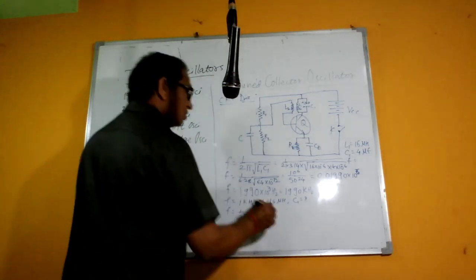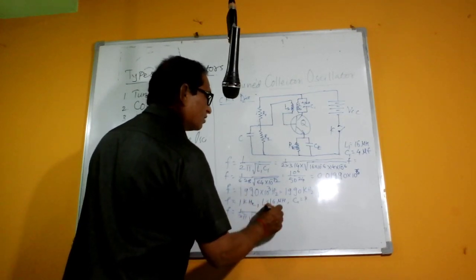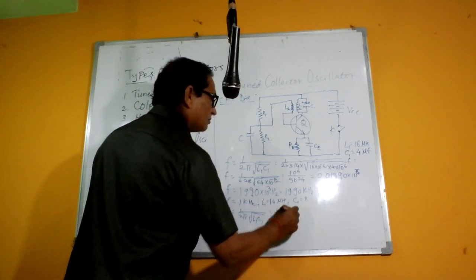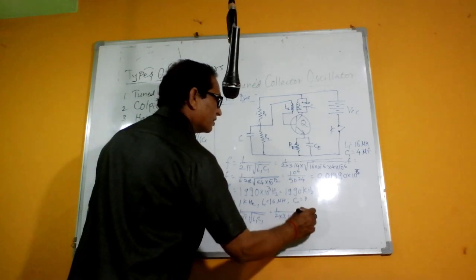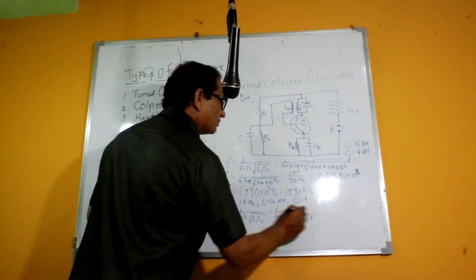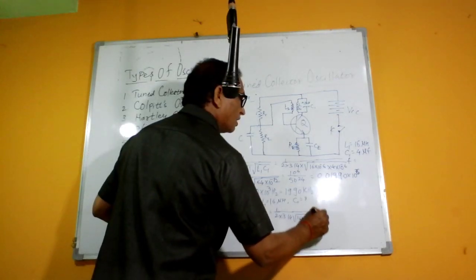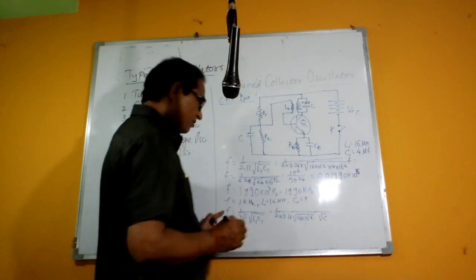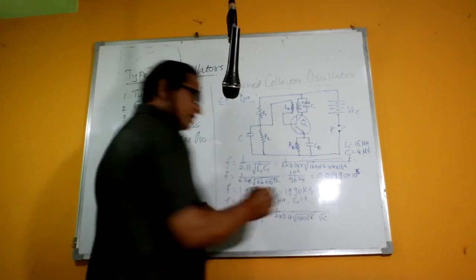Right. So this under root we will take to this side. We may substitute the value of 2 into 3.14 under root of 16 into 10 to the power of minus 6, into under root of C as it is. So if you shift this, the frequency is to be shifted to the right hand side, whereas the under root of C will be shifted to the left hand side.